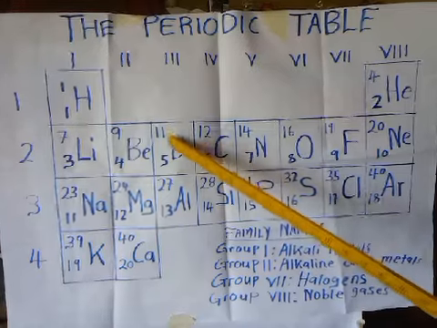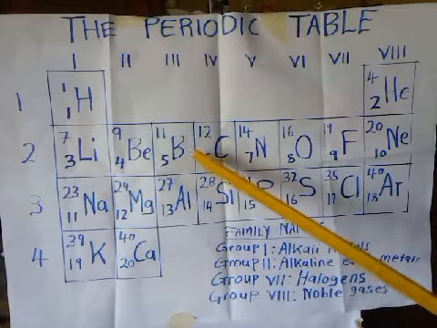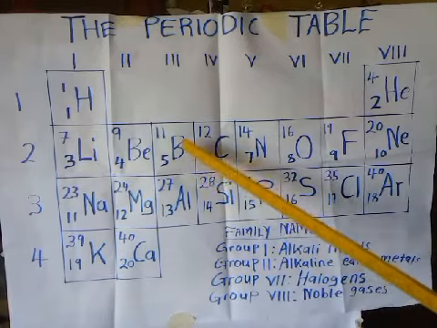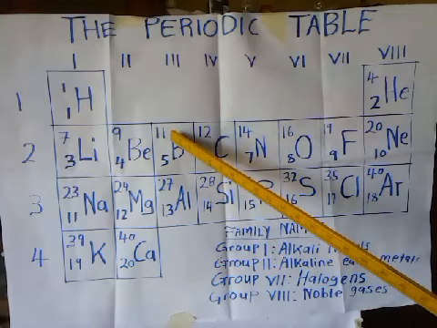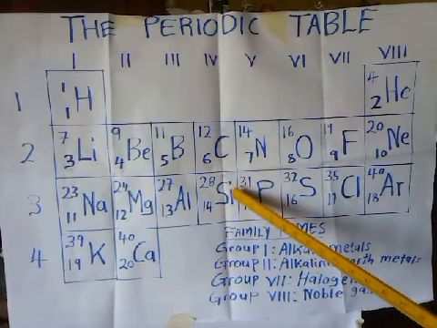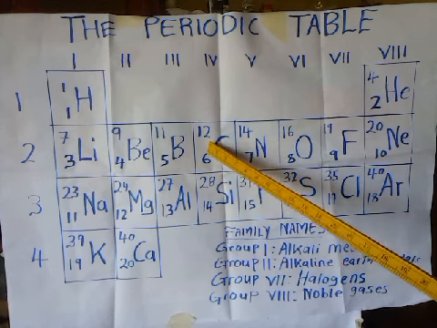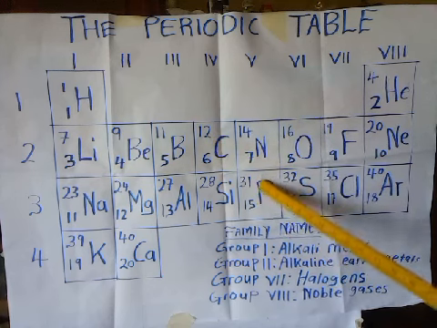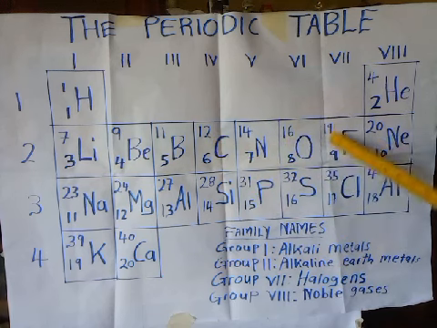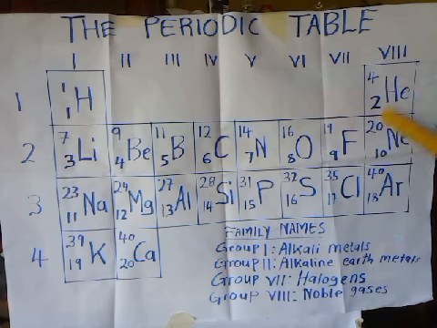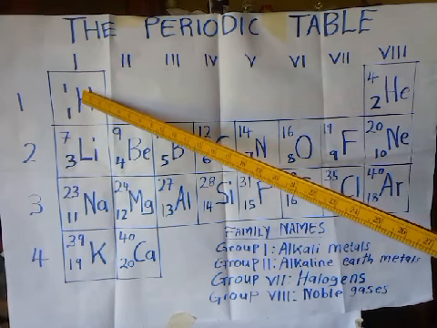But if you come to boron and silicon here, they are called semi-metals. So boron and silicon, they are called semi-metals. From there, after that, we have carbon here. Then we have group 5 elements, group 6 elements, group 7 elements, group 8 elements, and the hydrogen here.